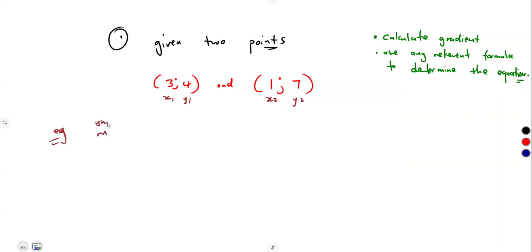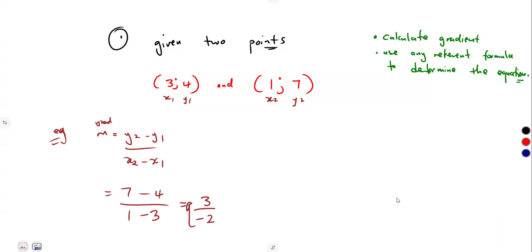So remember, gradient is represented by the letter m, the change in y over the change in x. So y2 is 7 minus y1, which is 4, over x2, 1 minus x1, which is 3. So that was going to give us 7 minus 4, which is 3, over 1 minus 3, that's minus 2. Then you take this one up. So it was simply going to be written as minus 3 over 2.